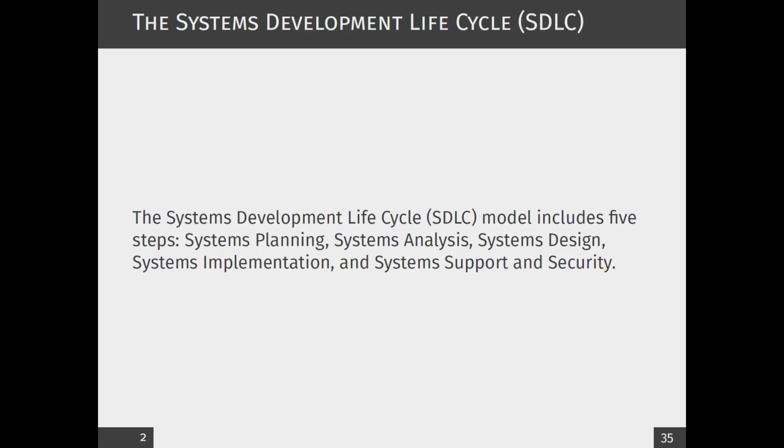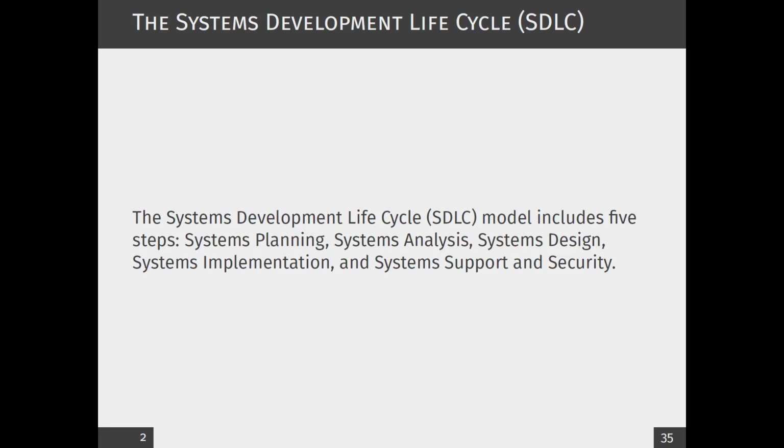So when we look at the software development life cycle, I told you this is a very traditional, structured way of developing or implementing software systems. Usually you can find 5 stages in the system development life cycle. The initial stage, we start with system planning.